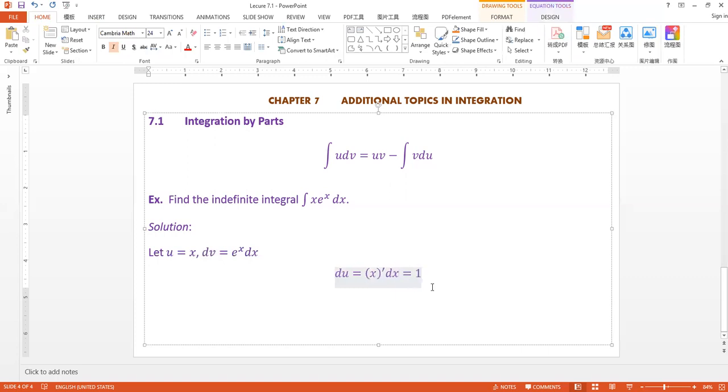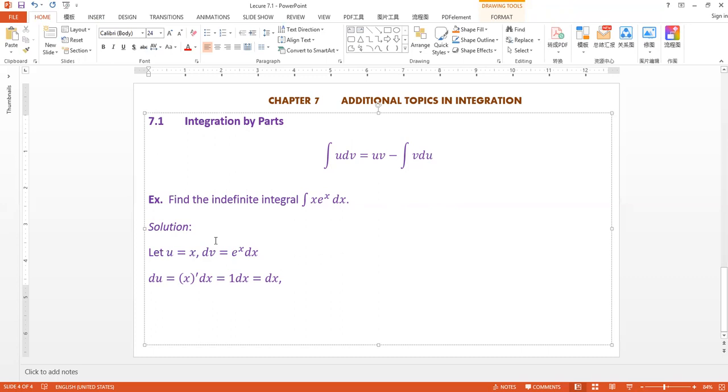So we get 1 dx. So at the end, it's just dx. That's du, and we call it the differential of u. It's just dx, and we need it because if we were to use the formula for integrating by parts, then on the right-hand side we have du, so we need to figure out what it is.